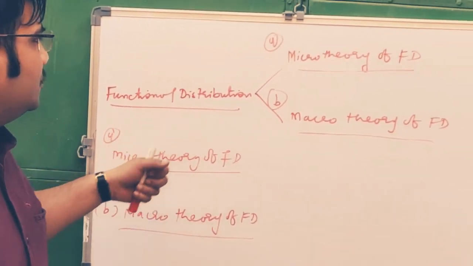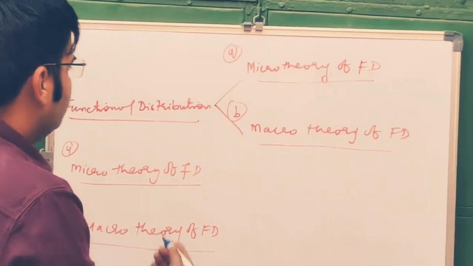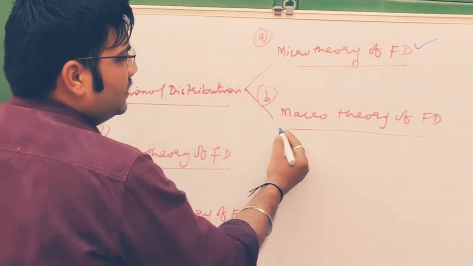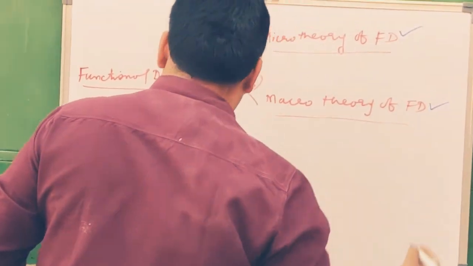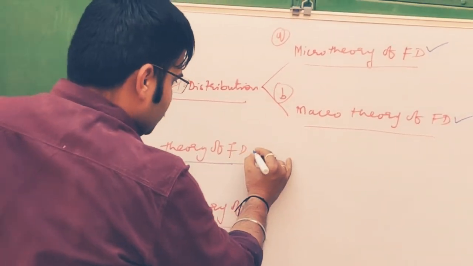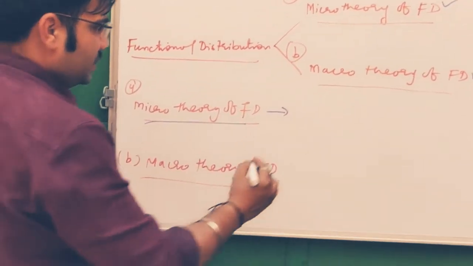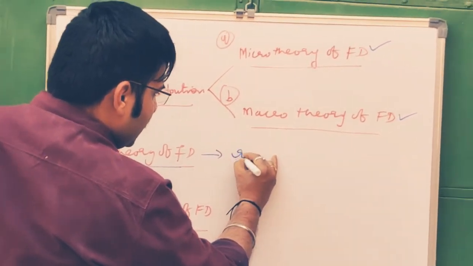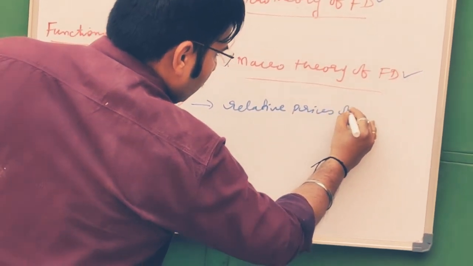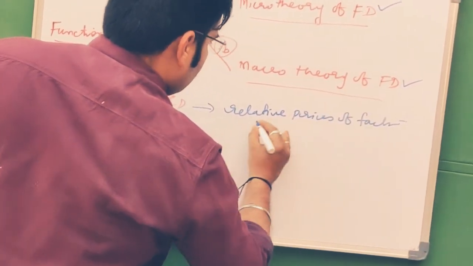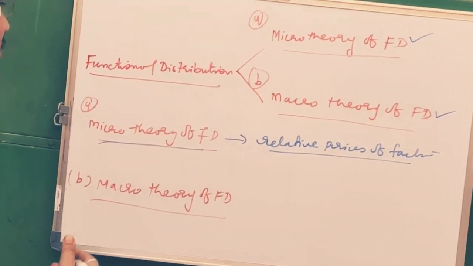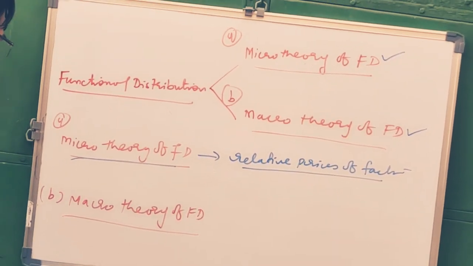Now we will classify functional distribution into two categories: the micro theory of functional distribution and the macro theory of functional distribution. The micro theory is related to the determination of the relative prices of factors.